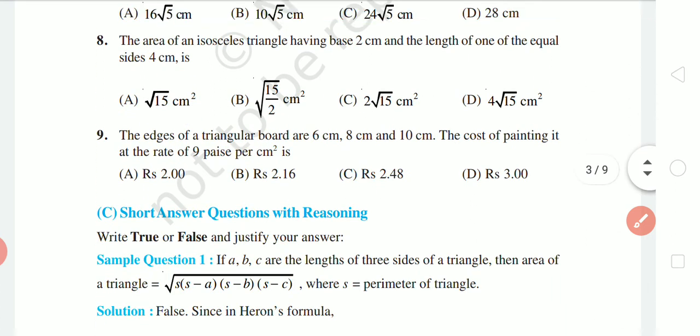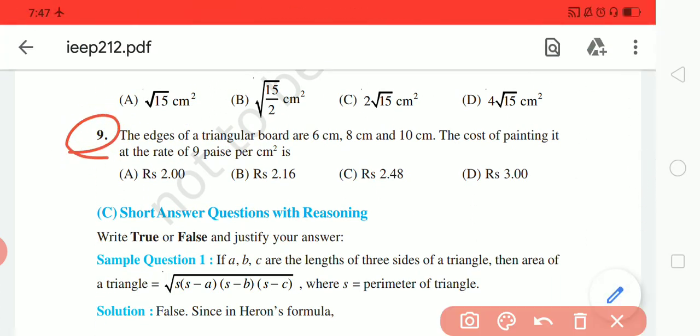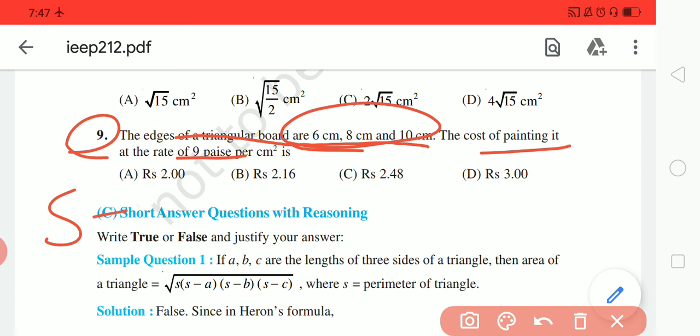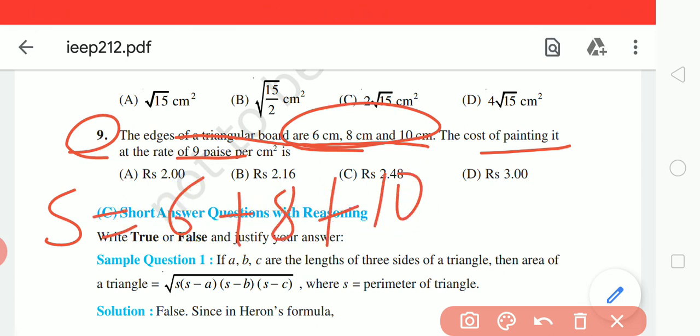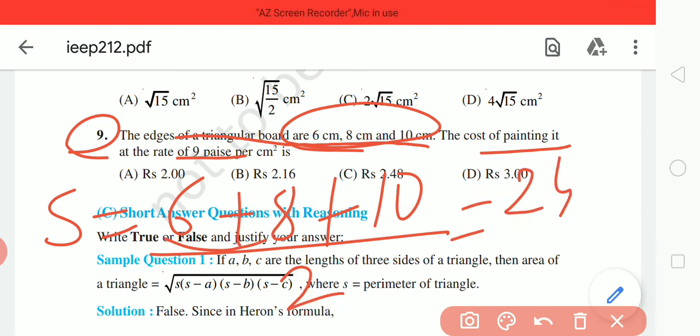Now come to question number 9. The edges of the triangular board are given, and the cost of painting is 9 paise. At first you will find the area and then multiply by the cost. Because it is a scalene triangle, you will find the semi perimeter for using Heron's formula. So this is nothing but 14 and 10, 24 by 2.